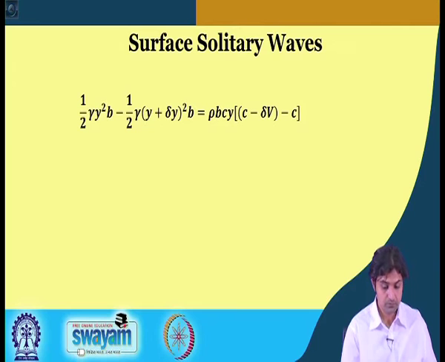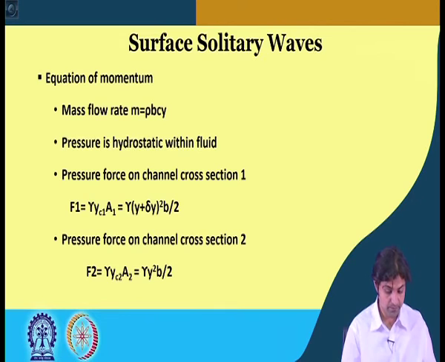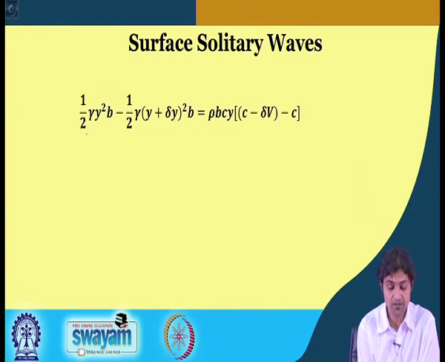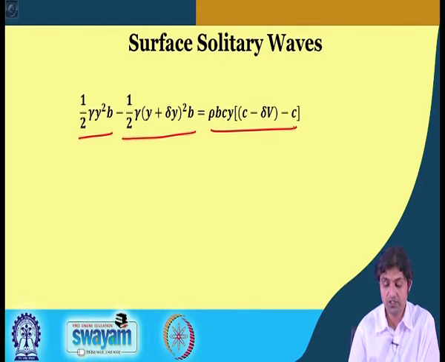So, we apply the change in momentum; the rate of change of momentum is the force. So, we obtain half gamma y square b, that is the force on the right hand side, minus the force on the left hand side, is equal to rho b c y, the mass flow rate.